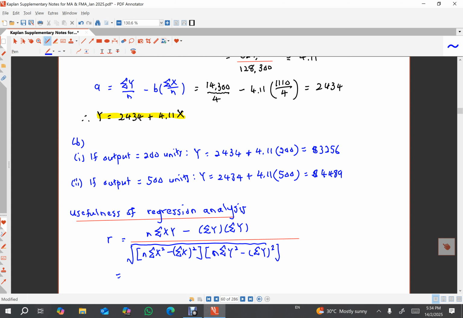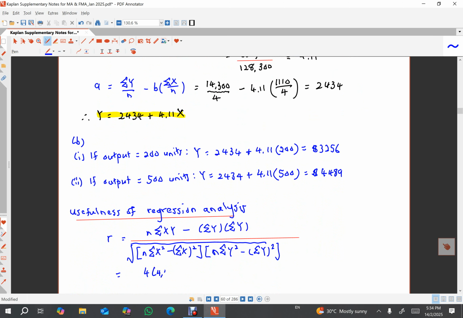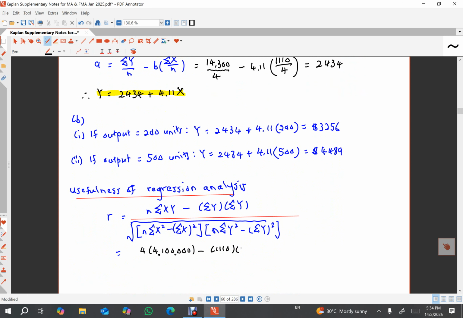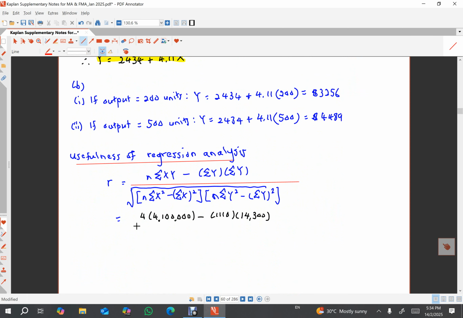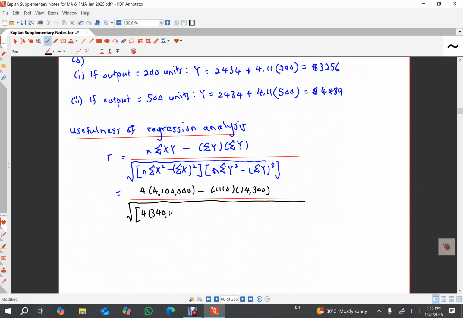So n is 4, summation of XY is 4.1 million, times 1,110 times 14,300, divided by the square root of summation of X to the power of 2, 340,100, minus the total of X to the power of 2.